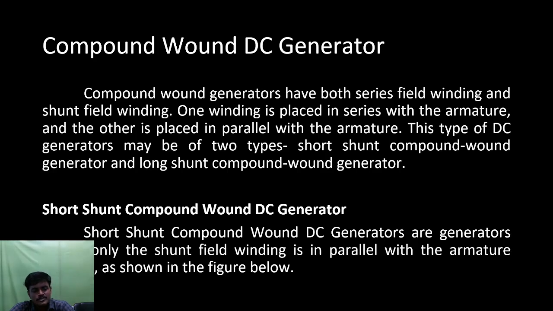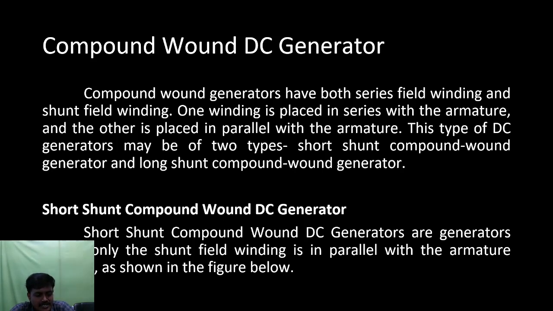If the shunt coil is only parallel with the armature, that is the short shunt DC compound generator, and if the shunt field coil is parallel with the combination of series field winding and armature winding, it is called the long shunt compound generator.